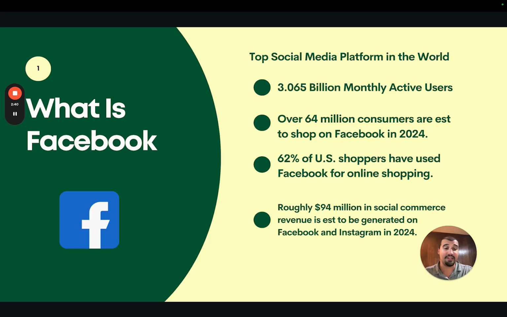That tells you the ability that Facebook has to get you in front of the right people. And this is one of my favorite statistics: roughly $94 million in social e-commerce revenue is estimated to be generated from Facebook and Instagram in 2024. So there's a lot of money on the table to be grabbed, and that's exactly what I help multiple brands get. There's so much money there on the table that so many people can be successful if you know what you're doing.